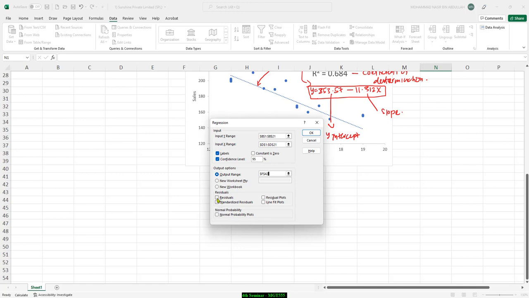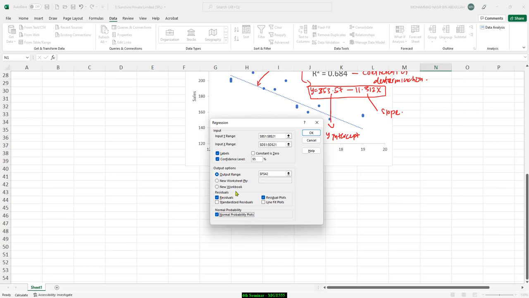And we check residual, bukan standardized residual. And we want residual plots and normal probability plot, right? Kita nak 3 benda ni, residual plot and normal probability plot, right?